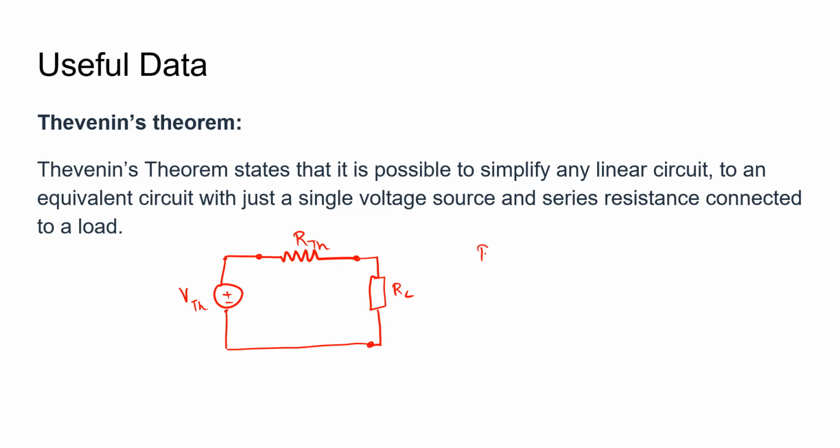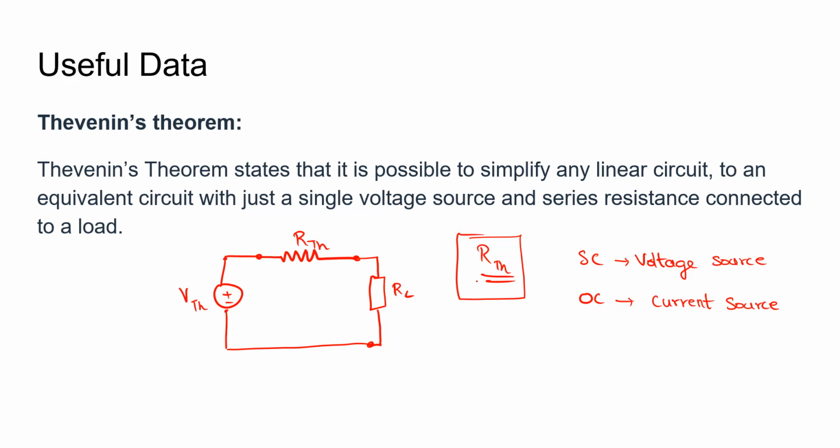To find RTH, we need to short circuit the voltage sources and open circuit the current sources. When the voltage source is short circuited and the current source is open circuited, the effective resistance of the network with respect to the load's terminals becomes the Thevenin equivalent resistance RTH. The reason we short circuit voltage sources is to ensure that the voltage supplied is equal to 0.